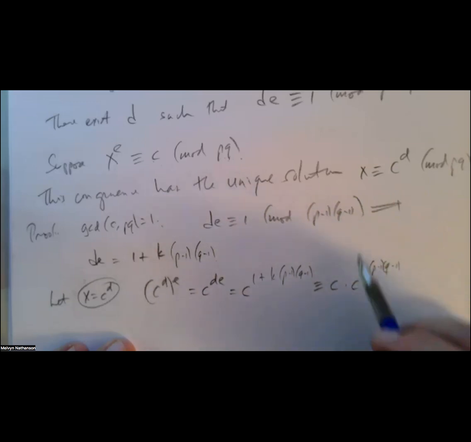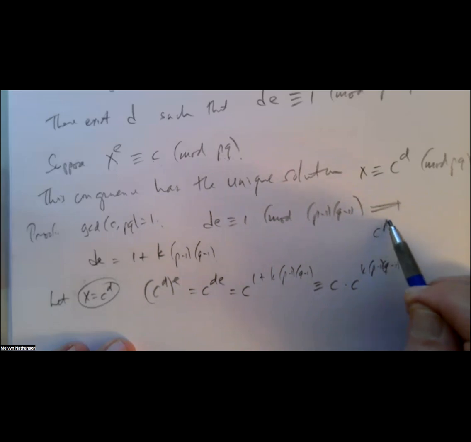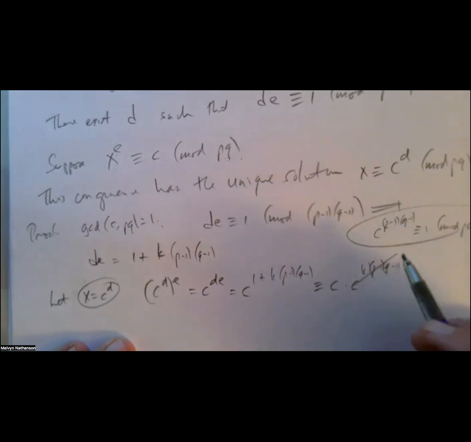But we just saw that c to the p minus 1 q minus 1 is congruent to 1 mod pq. So this is just 1. This is congruent to c mod pq. So x equals c to the d is one solution of this congruence.